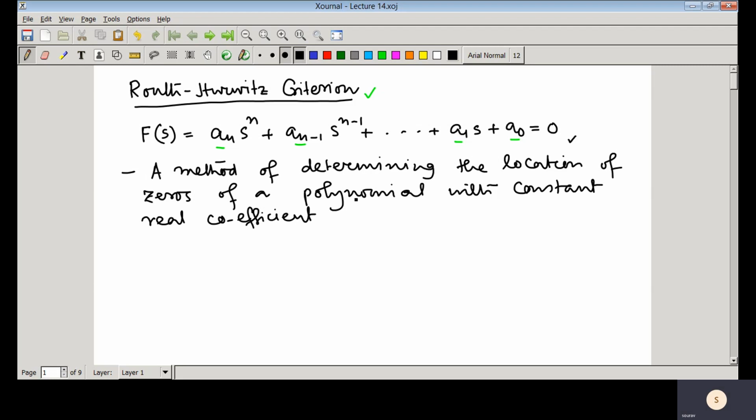If some coefficients are not real, maybe complex, we cannot apply this Routh-Hurwitz criterion.